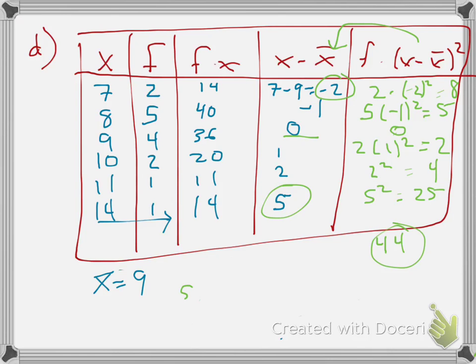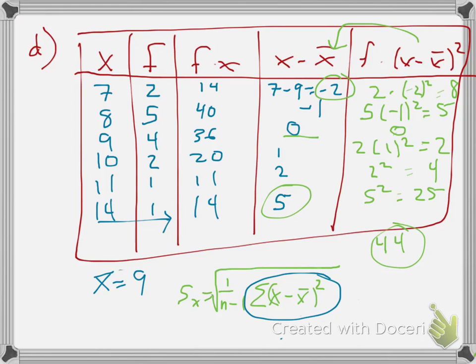When we look at the general formula for the standard deviation, it's the square root of 1 over n minus 1 times the sum of (x minus x bar) squared. That number we just got, the number 44, is the scary part of the equation. It's adding up all the deviations from the mean, squared.